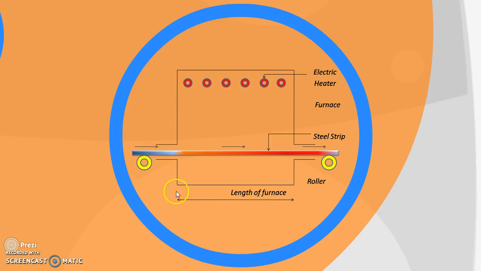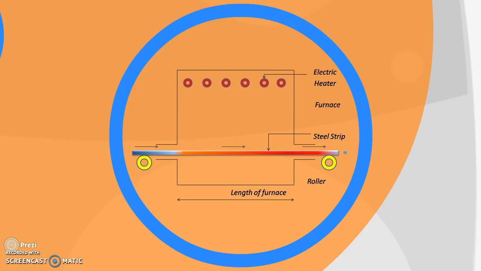Let us say there is some length of furnace, and there are electric heaters provided which give heat energy to this system. The heat transfer from these electric heaters to the steel strip is by radiation. When the strip enters and travels this distance, when it leaves, it should attain the temperature of 700 degrees Celsius, which is the specified requirement.